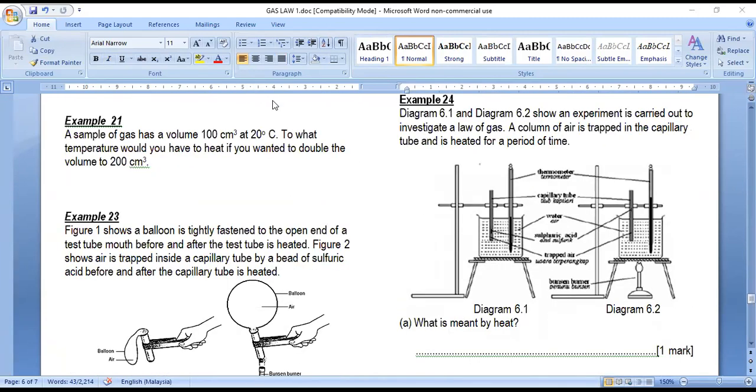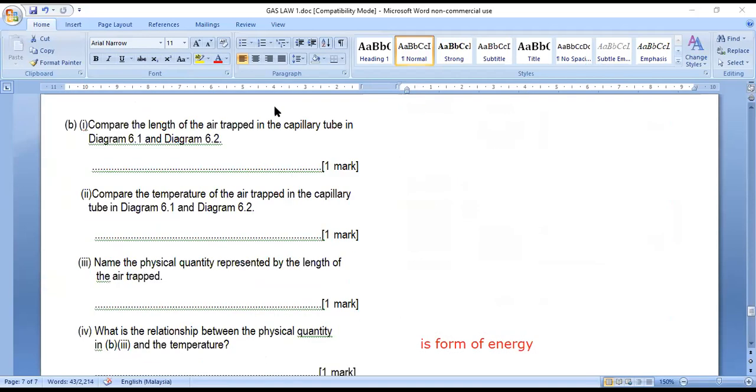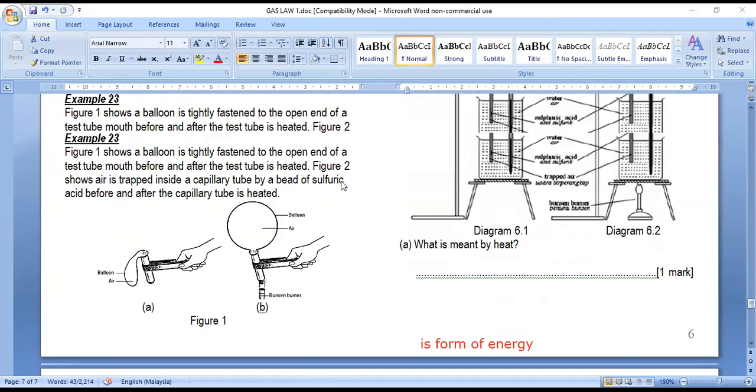Okay, another example. Diagrams 6.1 and 6.2 show an experiment carried out to investigate a gas law. The column of air is trapped in the capillary tube and heated for a period of time. So what is meant by heat? Heat is a form of energy. Then compare the length of trapped air in 6.1 and 6.2, and compare the temperature.